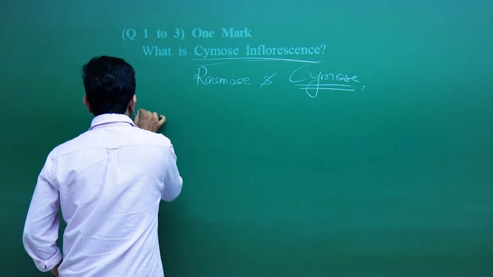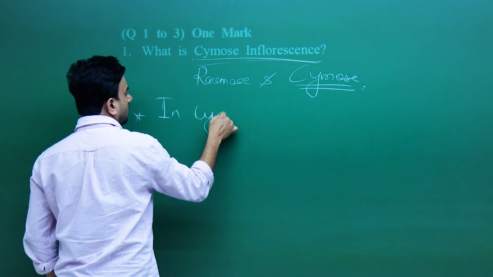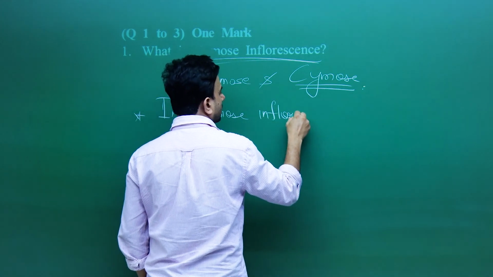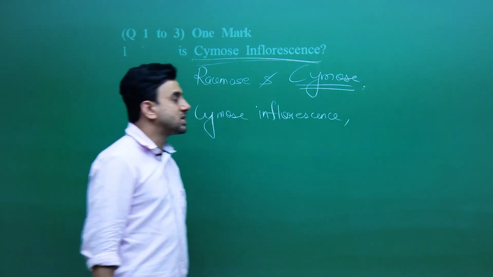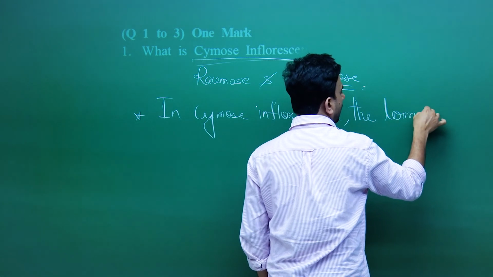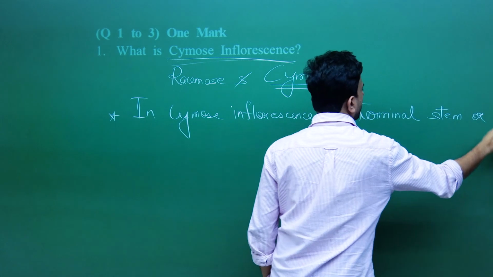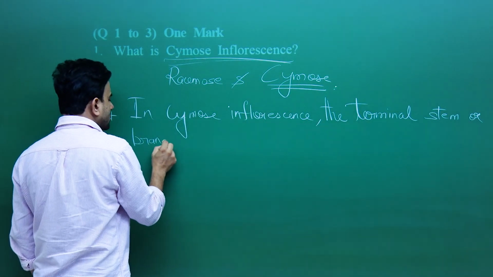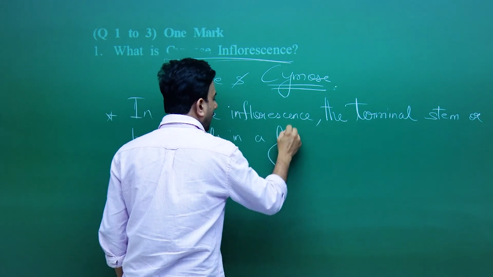So what we say here, in cymose inflorescence, the terminal stem or the branch ends in a flower.